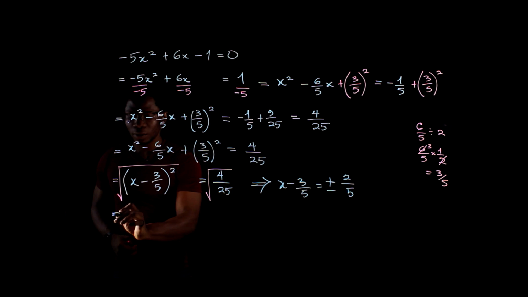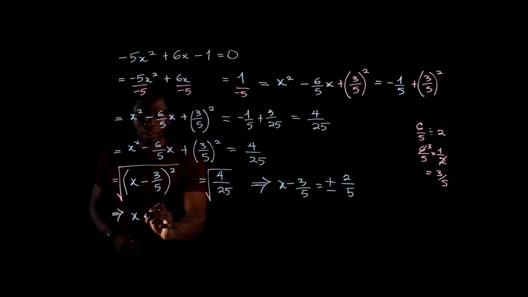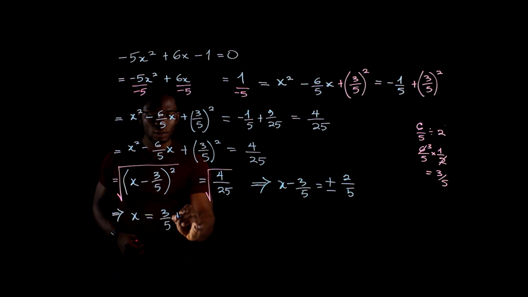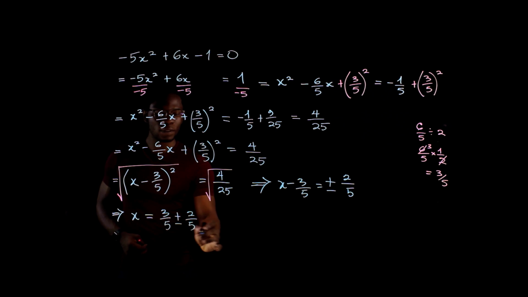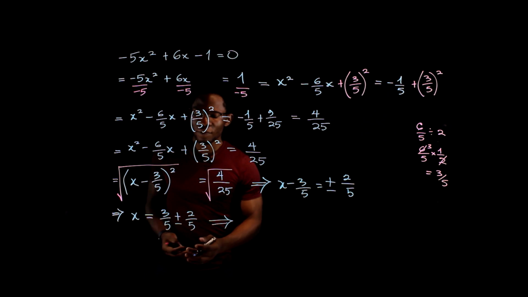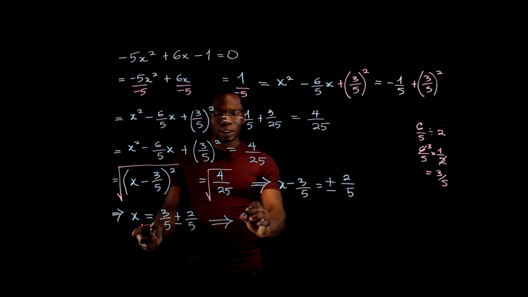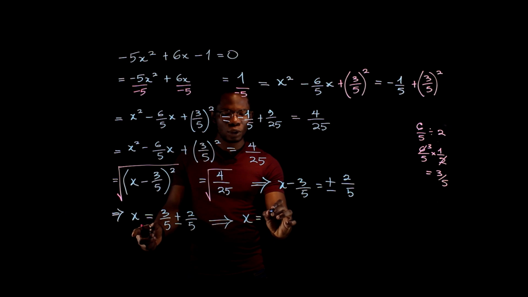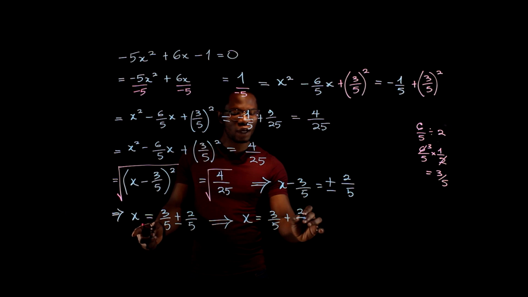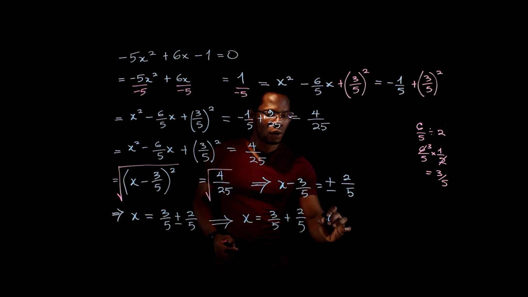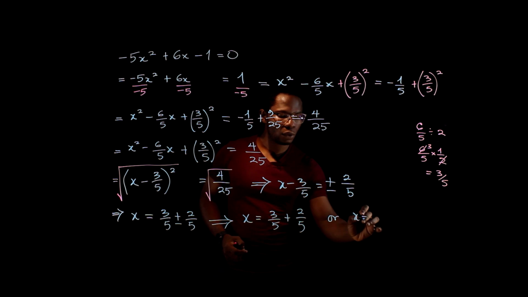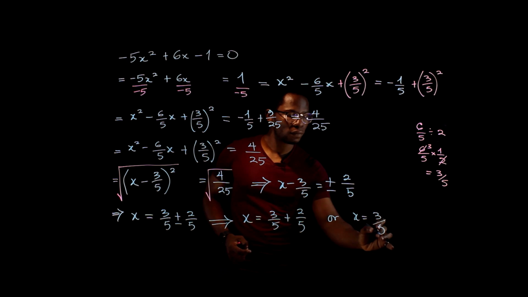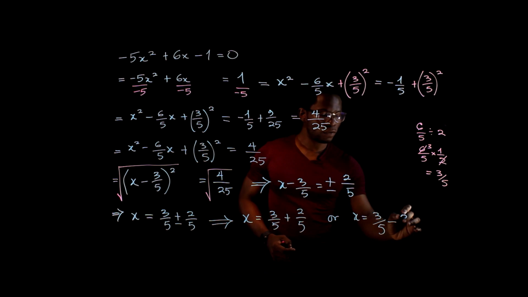If we do that, we have that x is equal to 3 over 5 plus or minus 2 over 5. And with this, we can have our two solutions. So x is either equal to 3 over 5 plus 2 over 5, or x is equal to 3 over 5 minus 2 over 5.